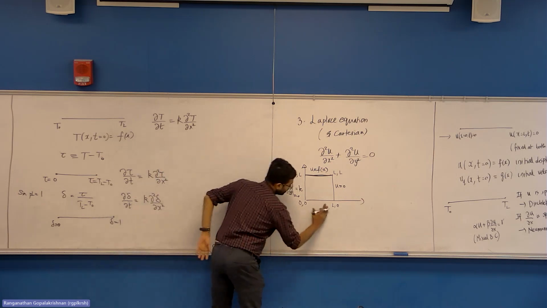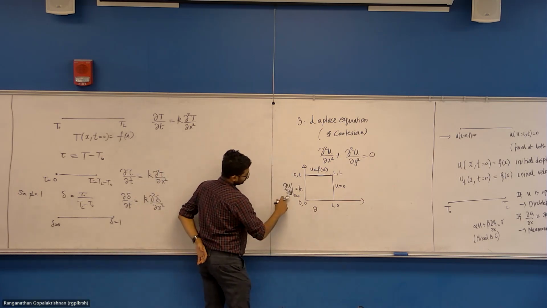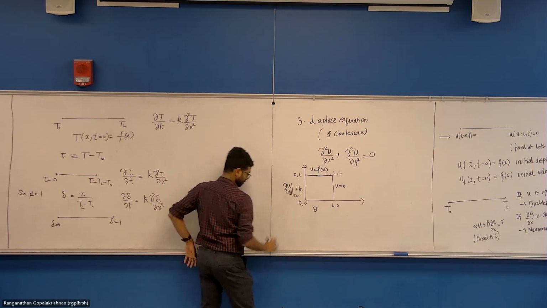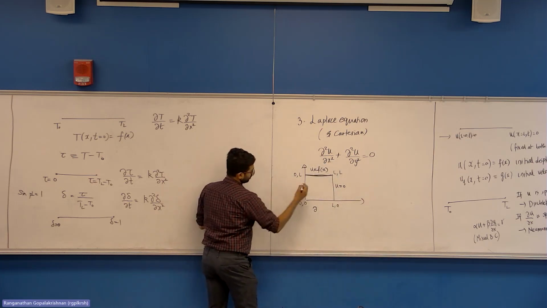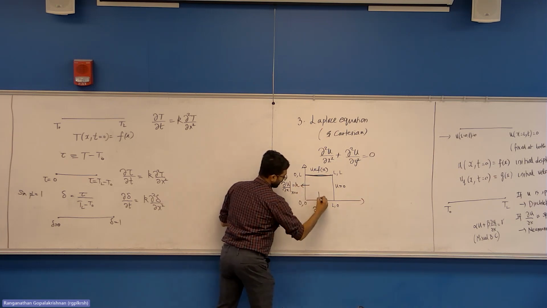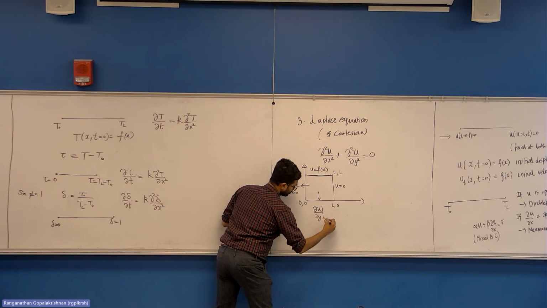Or if it happens to be in this face, wait, this is x equal to 0. So here, the flux across this face be partial u over partial x at x equal to 0 equal to k, and this is partial u over partial y at y equal to 0.